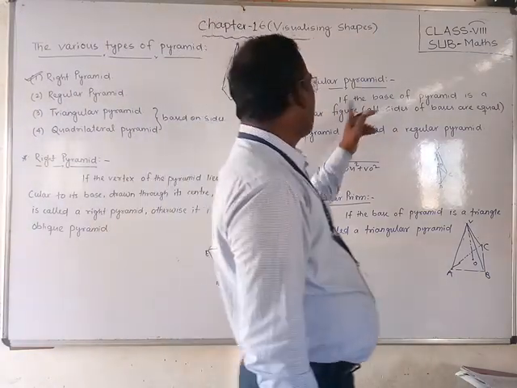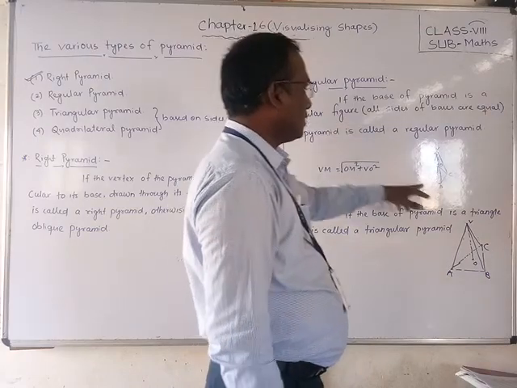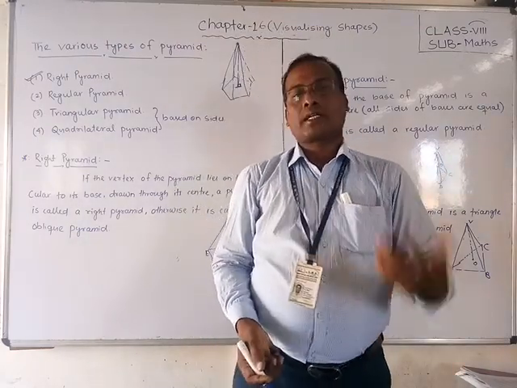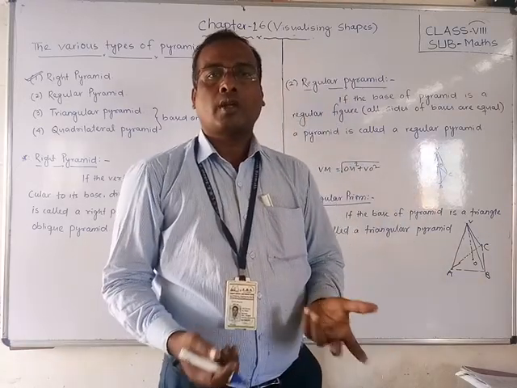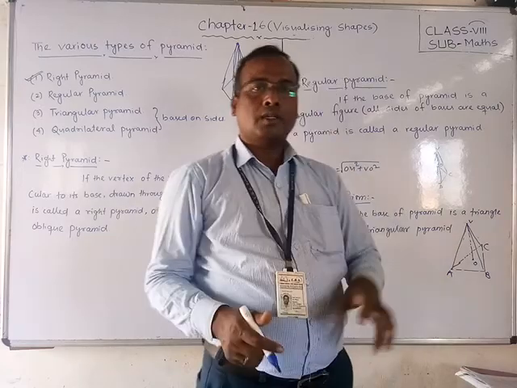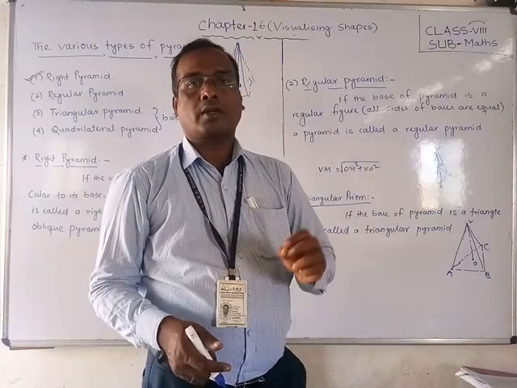Now we will go to the regular pyramid. If the base of the pyramid is a regular figure, like a regular hexagon or regular pentagon, where all sides are equal, then that pyramid is called a regular pyramid.